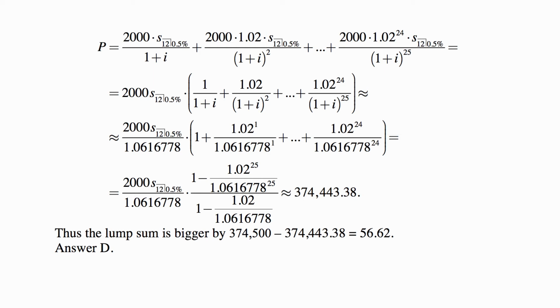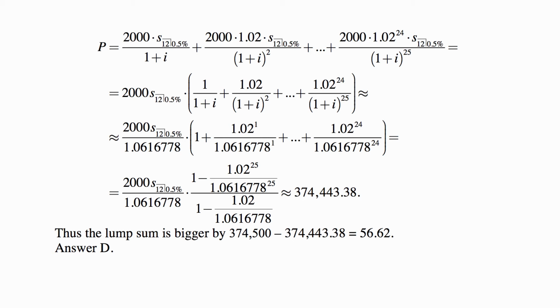Okay, well then we see that this is the same as, if we put in front the common factor of 2,000 times s angle 12 at 0.5%, and inside we have 1 over (1 plus i) plus 1.02 over (1 plus i) squared, and so on up to 1.02 to the 24th over (1 plus i) to the 25th.